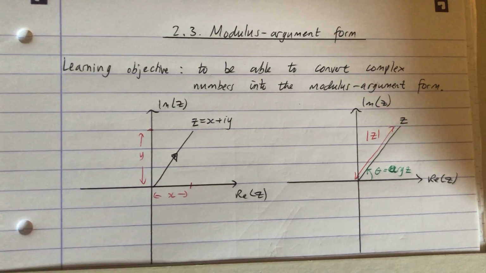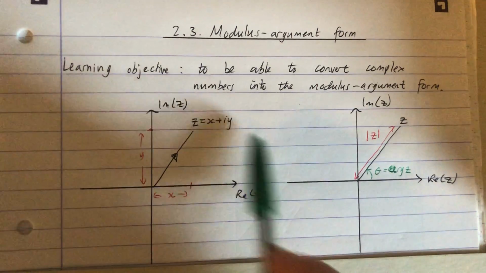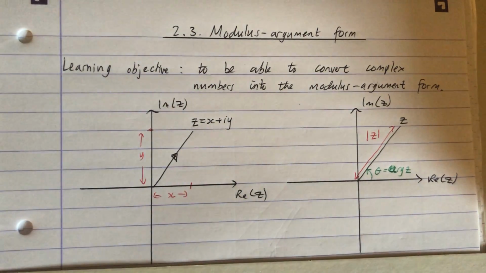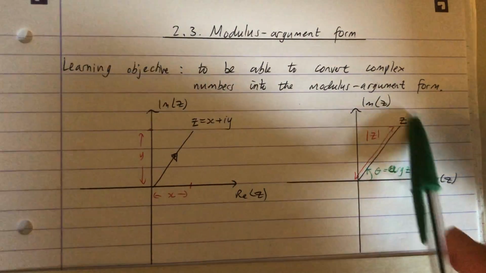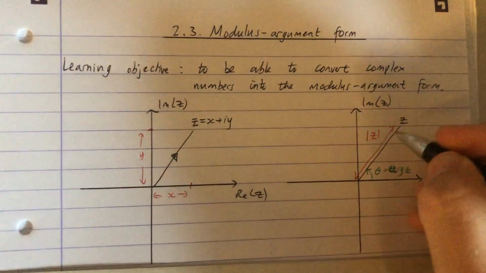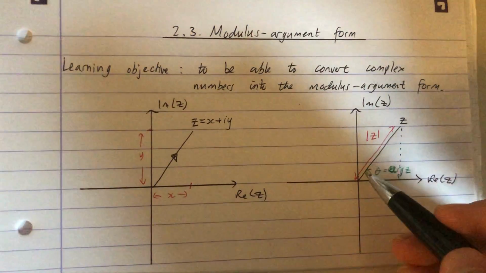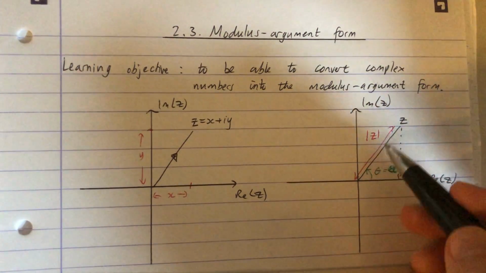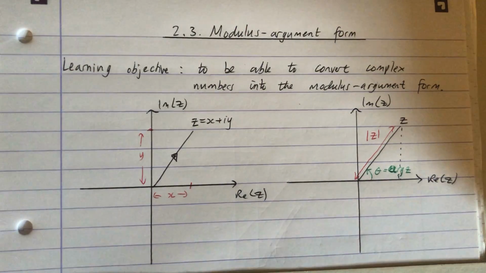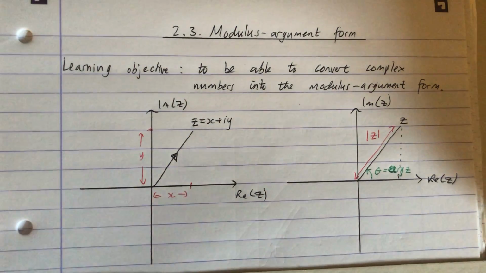Now let's pick on the one on the right and ignore the one on the left briefly. Now, if I was just given this information, one thing I could do is make a right angle triangle where the hypotenuse is the modulus of z and the argument is the angle theta.